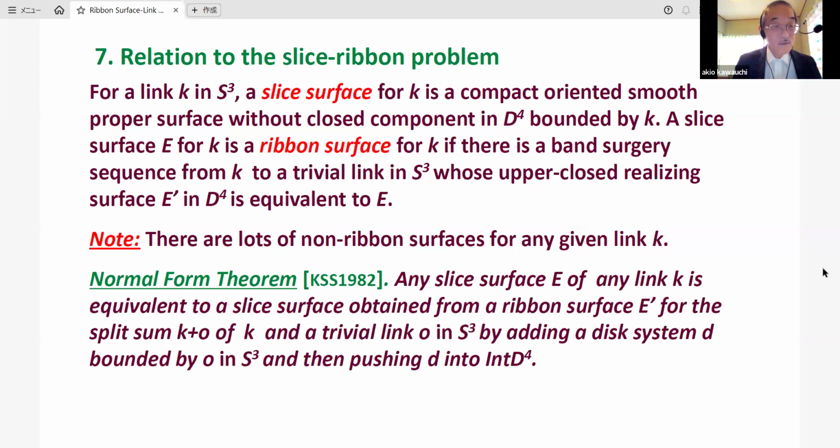The following normal form theorem is well known. Any slice surface E of any link K is equivalent to a slice surface obtained from a ribbon surface E' for the split sum of K and a trivial link O in S3, by adding a disk system D bounded by O in S3 and then pushing D into the interior of D4.